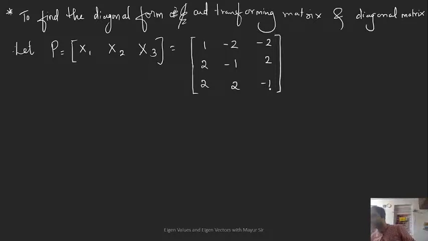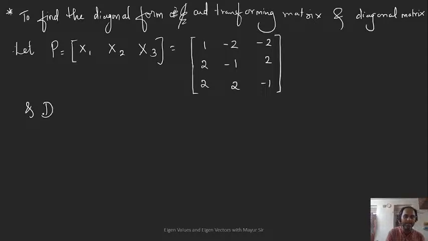Okay, these are the eigenvectors we have got, and this is the matrix P. Now this is P, and now we calculate P inverse also for this, and first we will calculate D also.